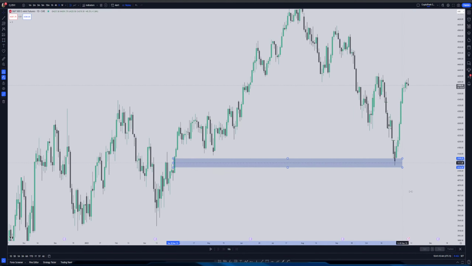It created that fair value gap, respected the midpoint, and closed above the midpoint. Since it took the major liquidity that it was supposed to take during this day, I was expecting a higher move. It gave me the higher move.